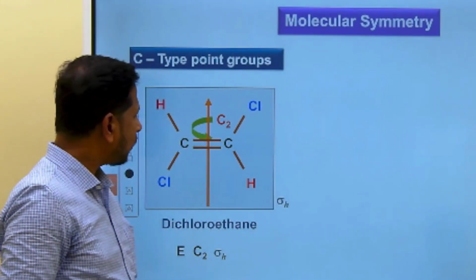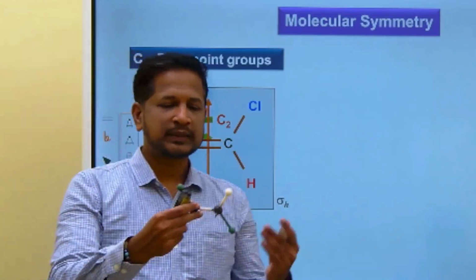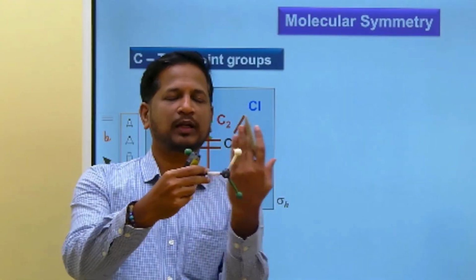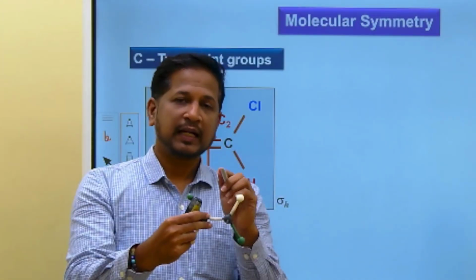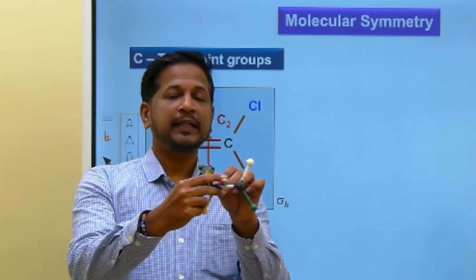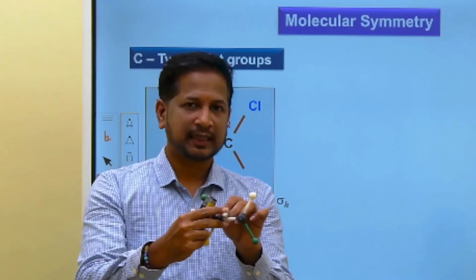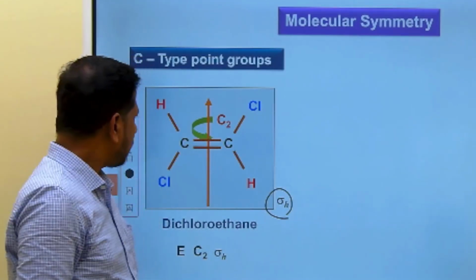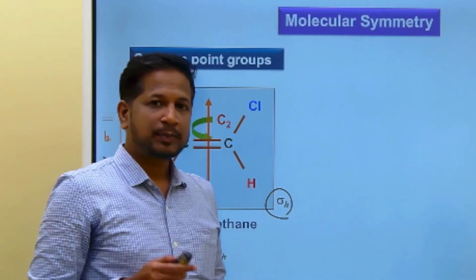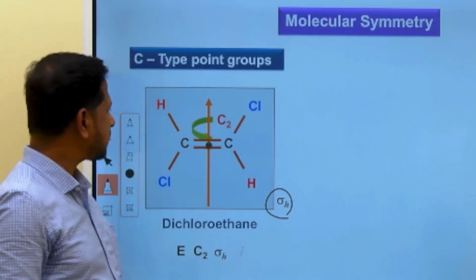Now there is one horizontal plane present in this molecule. This is the plane I am talking about. This plane contains all the elements and this plane is perpendicular to the principal rotational axis. So this plane is called a horizontal plane. Now there is one more symmetry element present in this molecule, that is the inversion center.